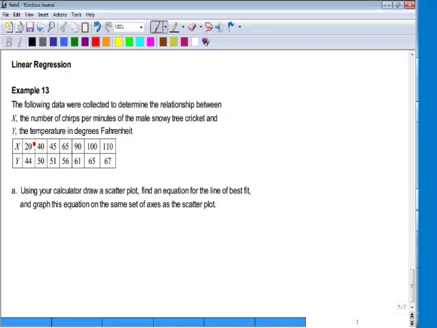So what we want to do is plot these points using the calculator and see if it looks like there's anything close to a straight line. Y represents temperature in degrees Fahrenheit, and X represents chirping frequency.